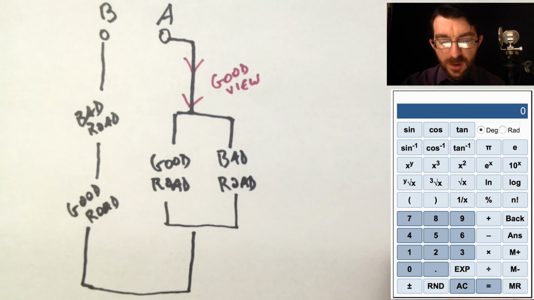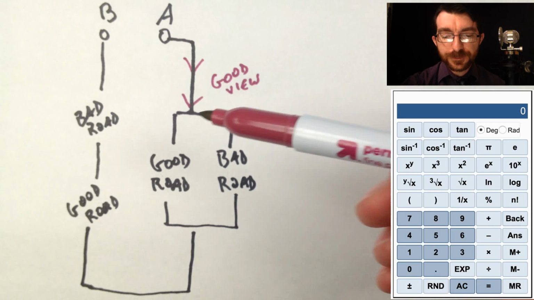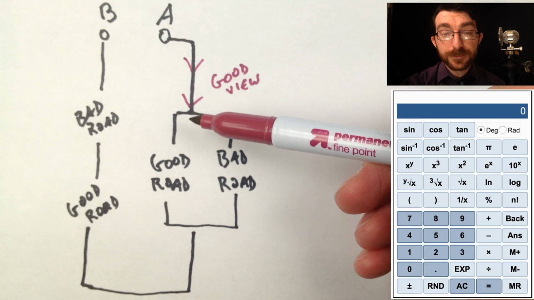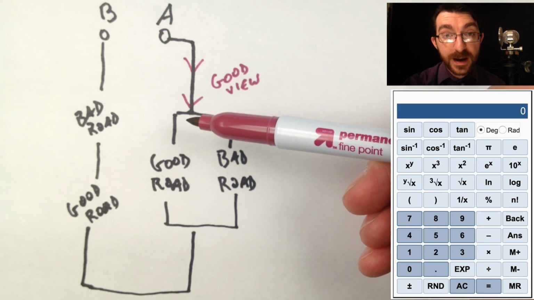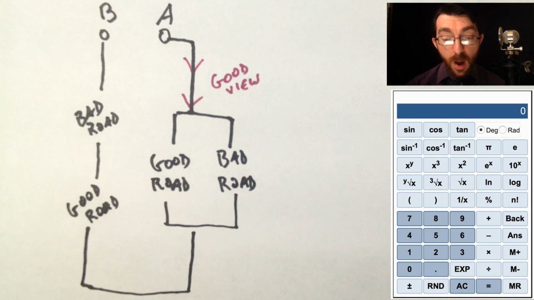So if you were to be driving and you come to this fork and you have a good view, as in you know what the traffic conditions and the road conditions are like on each of those roads, what would cause you to choose one road over the other? Now, your predilection might be, I want to go on the good road. But there actually is something that could cause you to prefer the bad road to the good road. Can you think what that might be?